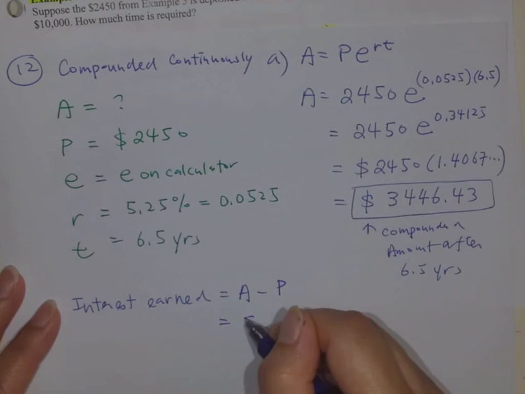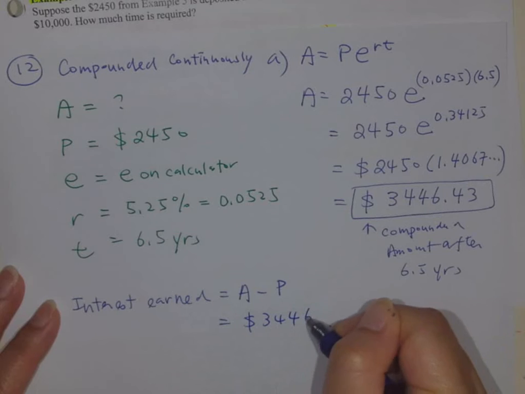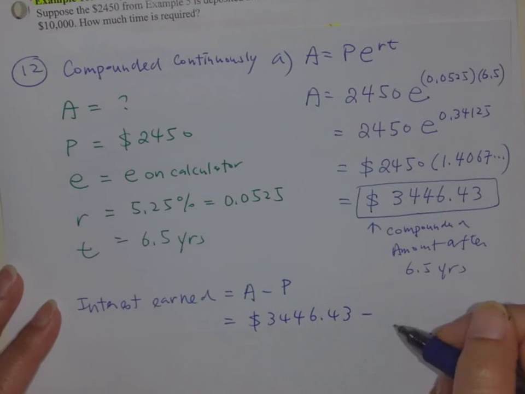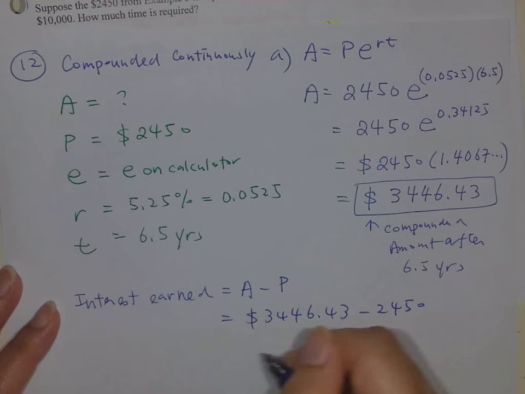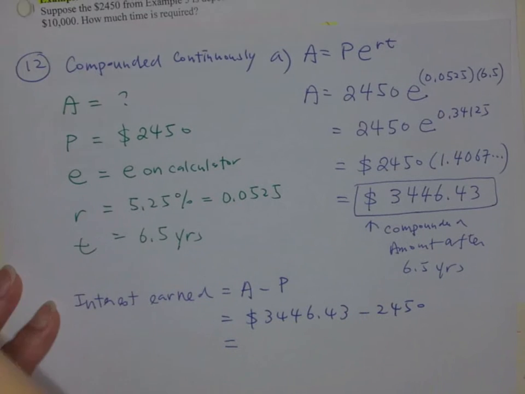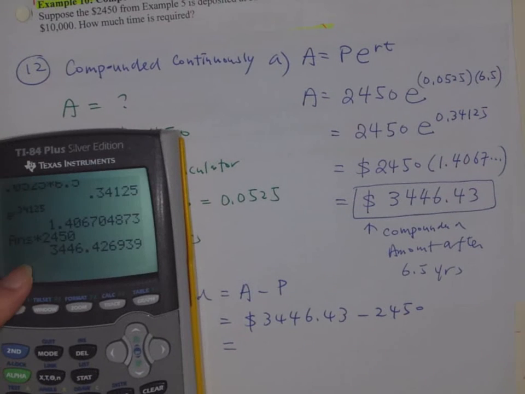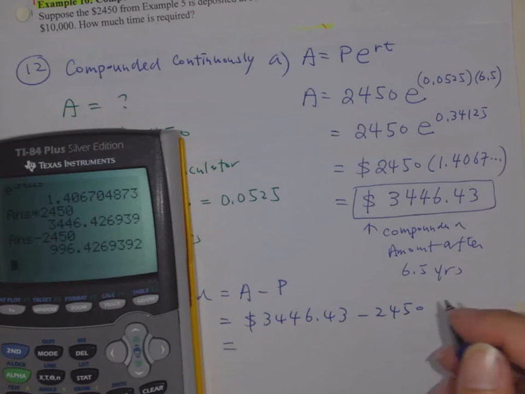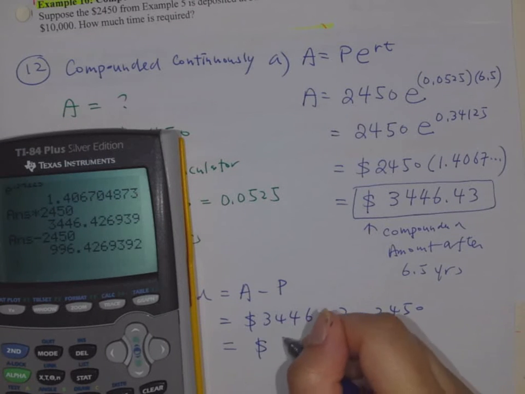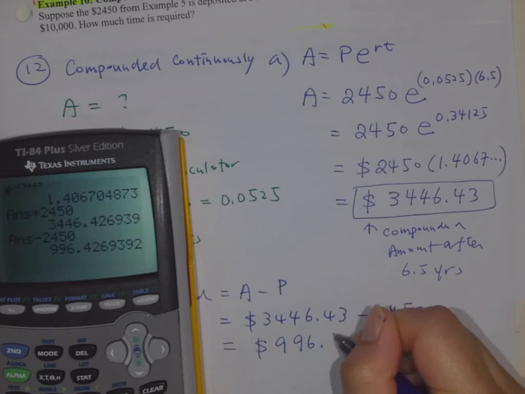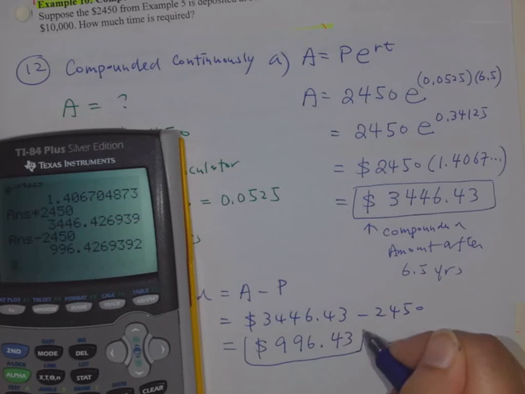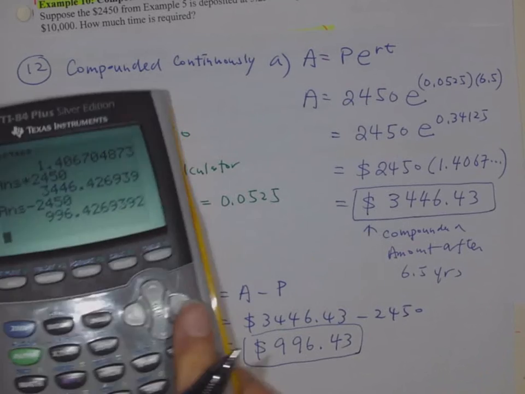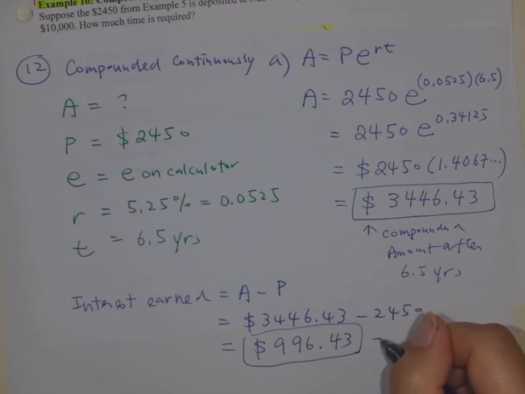So you got 3446.43 minus my principal, which was 2450. Okay, my number is still there. Minus 2450 is going to be about $996.43 if you round it, right? So that is the interest earned.